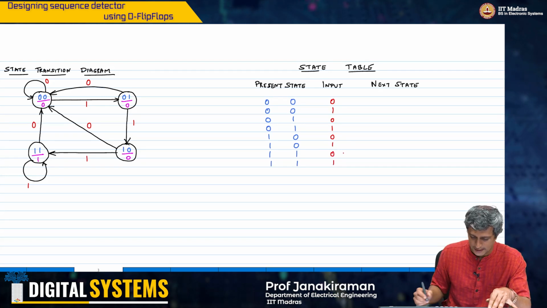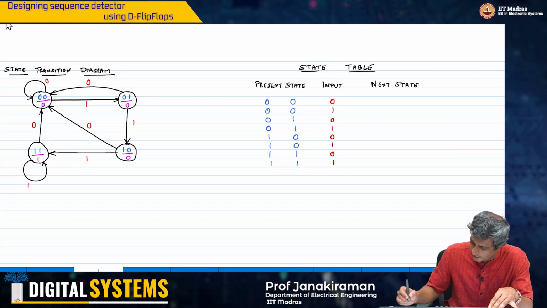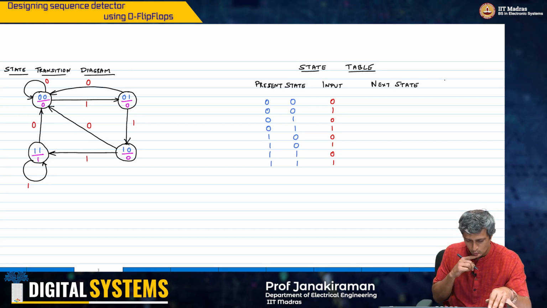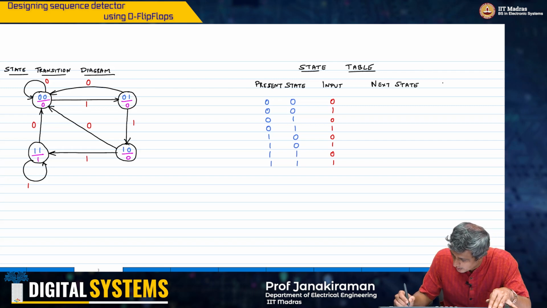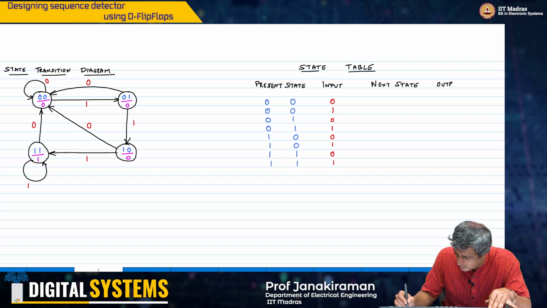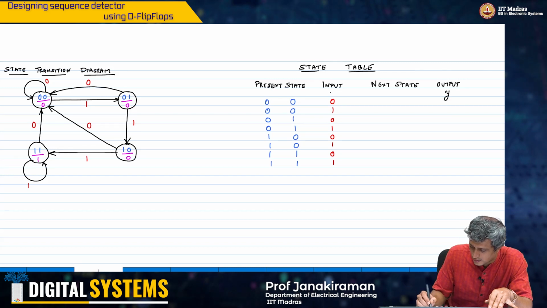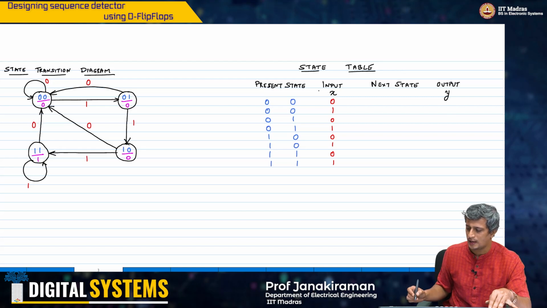Okay, and my next state, and then I also need an output. So now I need to be careful here. My output y, this is x, and yeah.